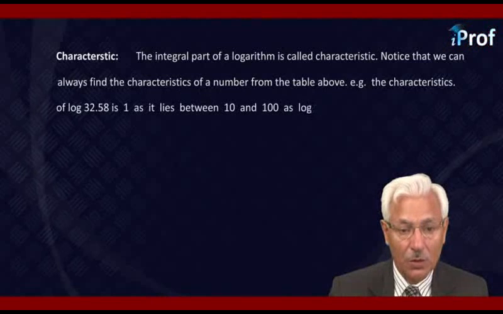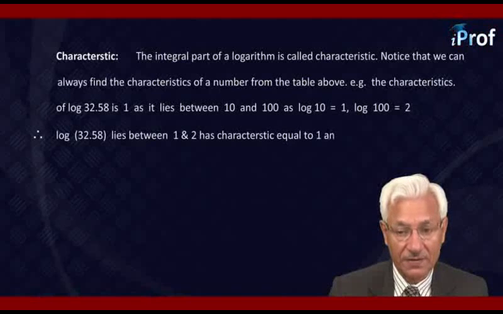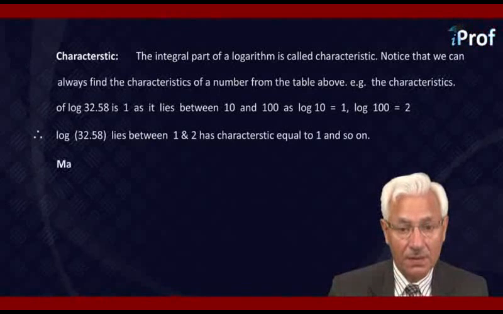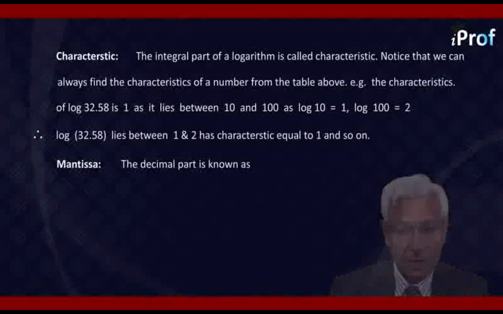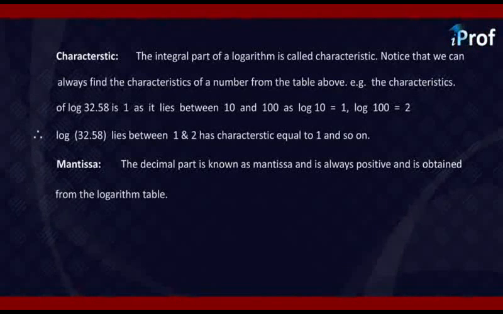Similarly, log of 10 will be equal to 1 and log of 100 will be equal to 2, and consequently log of 32.5 lies between 1 and 2. So 1 is its characteristics, and so on. Mantissa, the decimal part of the logarithm, is known as mantissa and is always positive and is obtained generally from the logarithm table.